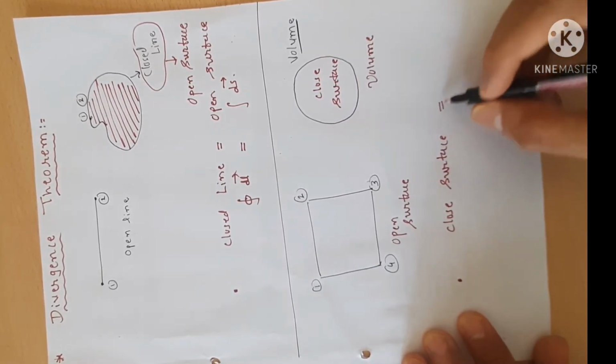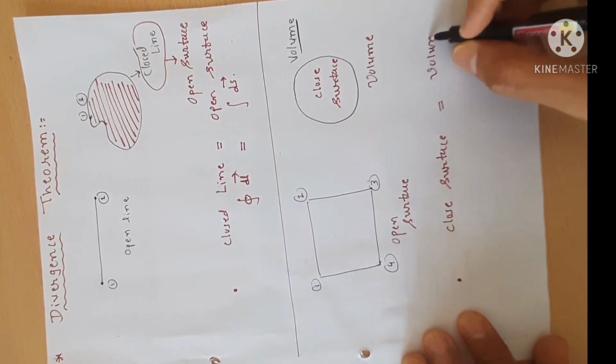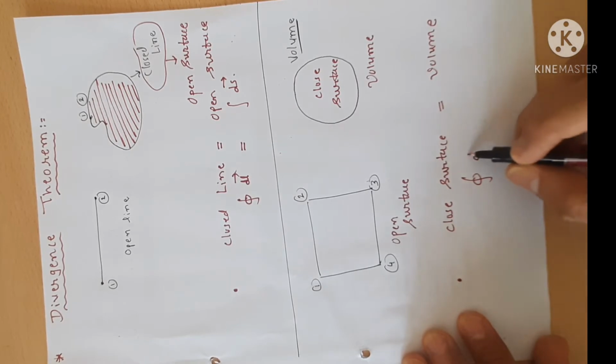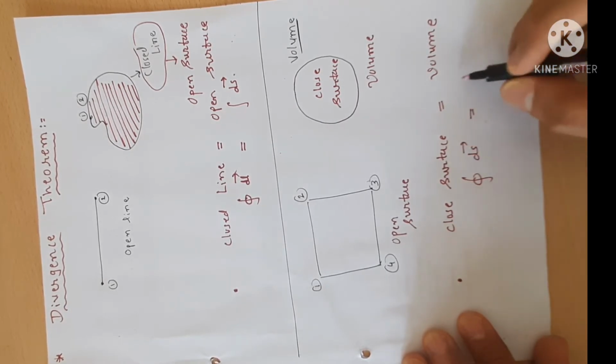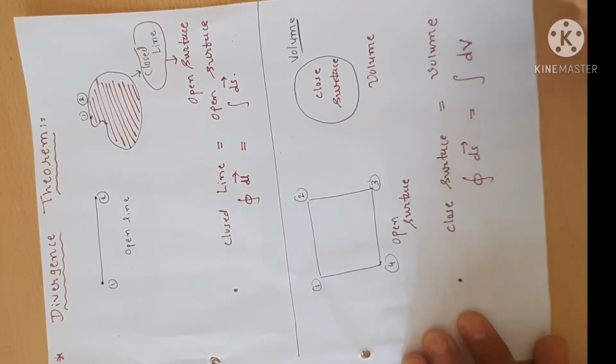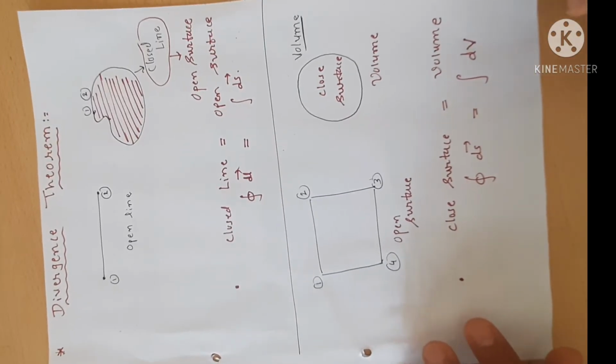Closed surface is equal to volume. That means closed integration ds is equal to integration dv. Now the vector will not come over dv because volume is a scalar quantity.